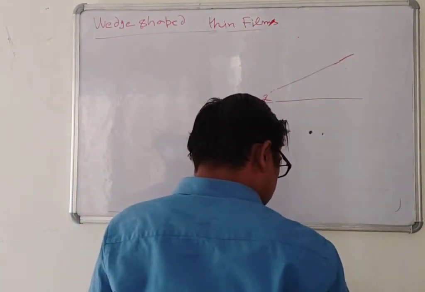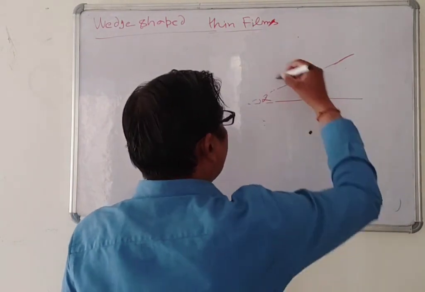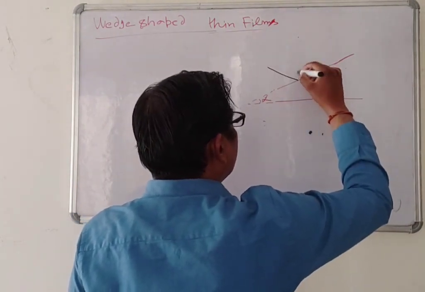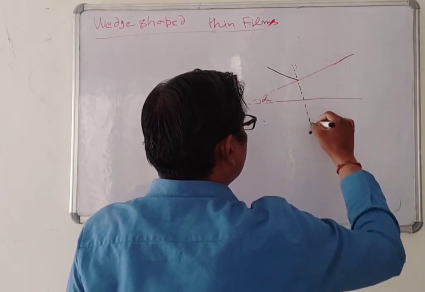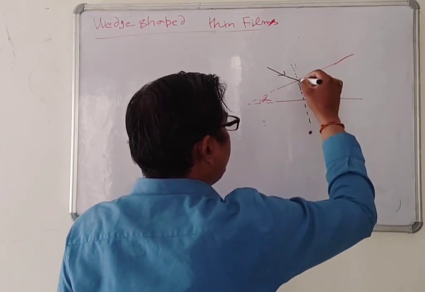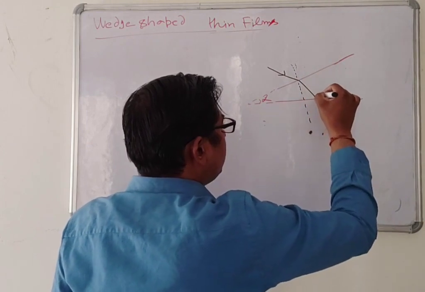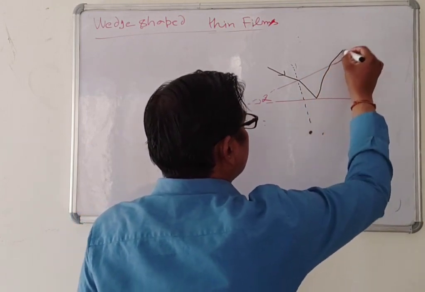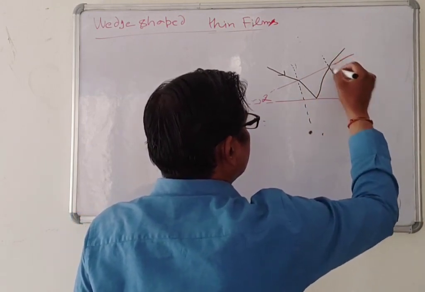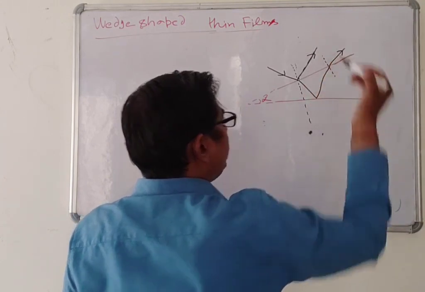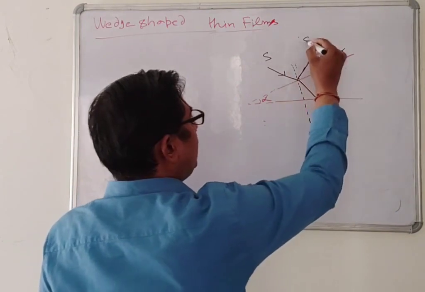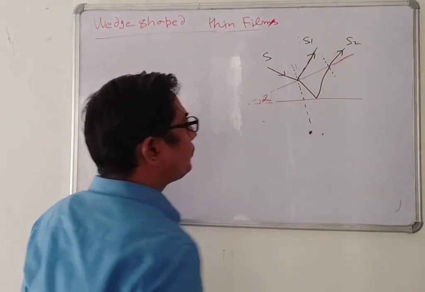Suppose light is incident on the upper surface like that. Then it will be transmitted, then reflected here, and here is also a reflected light. The same thing is happening, we get S1 and S2.